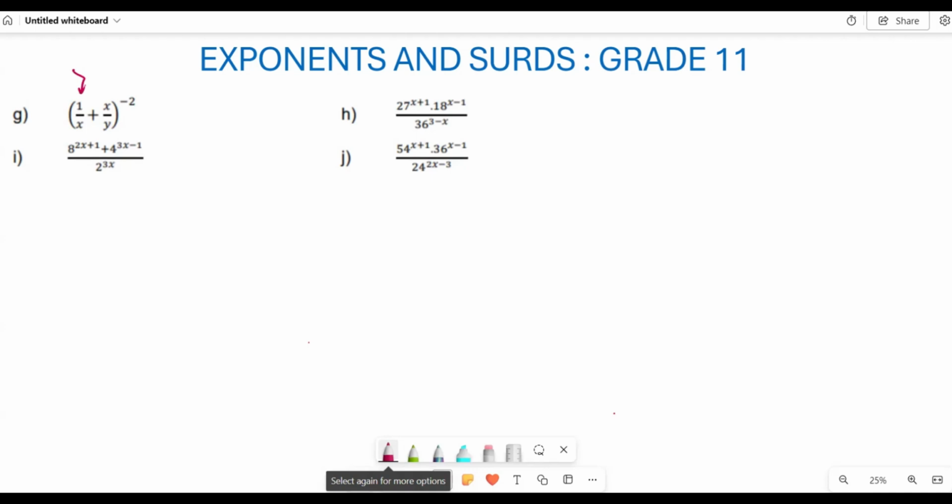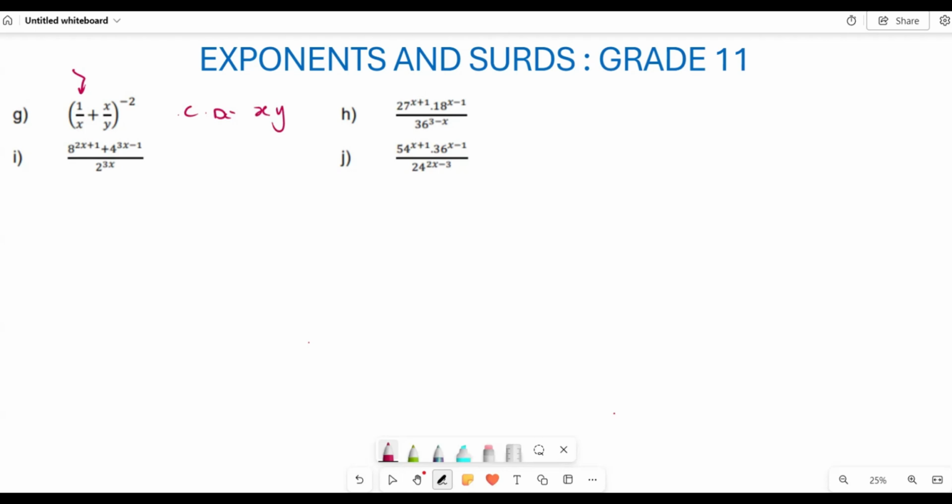If you are starting from here, you are going to start by looking for our LCD, or our lowest common denominator, or rather our common denominator, right? So for an example here, our LCD, or rather our denominator, is going to be x and also y.